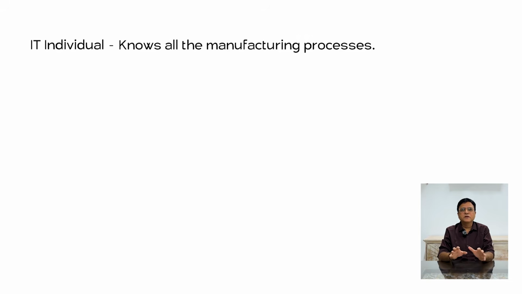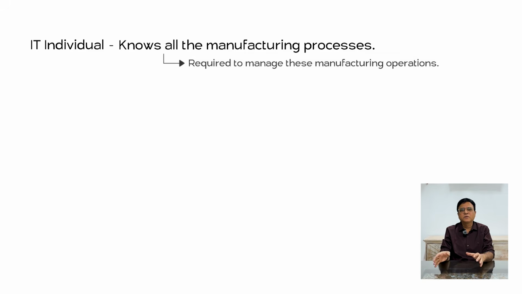Now first, let us say the IT guy who knows all the manufacturing processes is required to manage these manufacturing operations in applications like Oracle or SAP. This is one of the career opportunities.